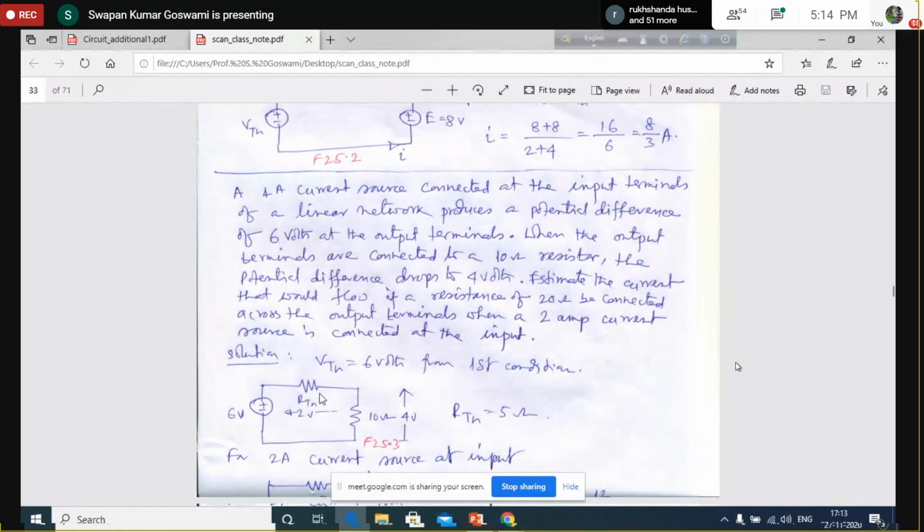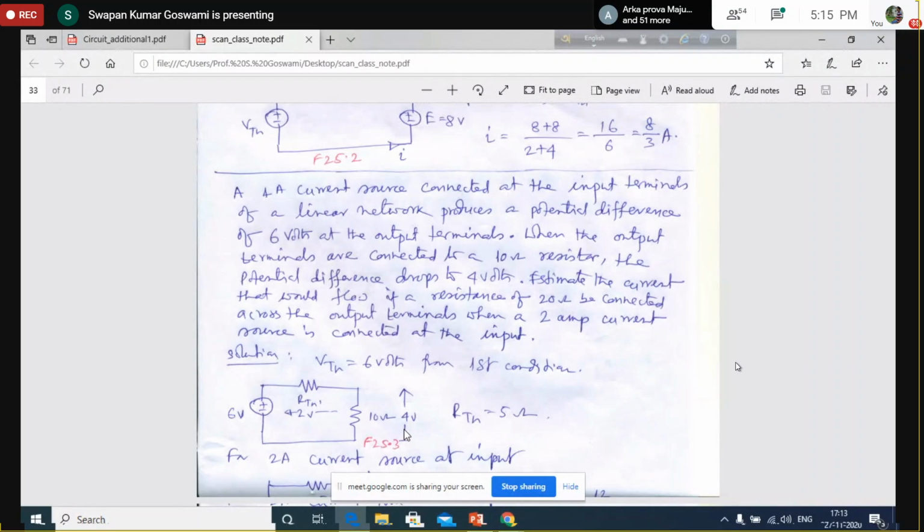We are showing it here, but this basically is internal to the network. These are the output terminals. Between these two terminals, we are connecting a resistance of 10 ohm. As soon as you connect a resistance of 10 ohm, you see the potential difference here, that means the reading of the voltmeter across the two terminals, drops to 4 volt. All right. So where do the remaining 2 volts go?